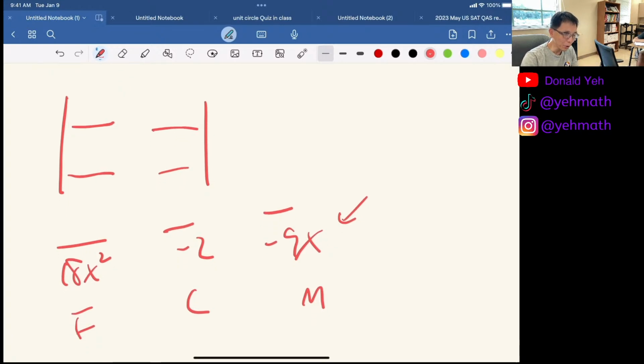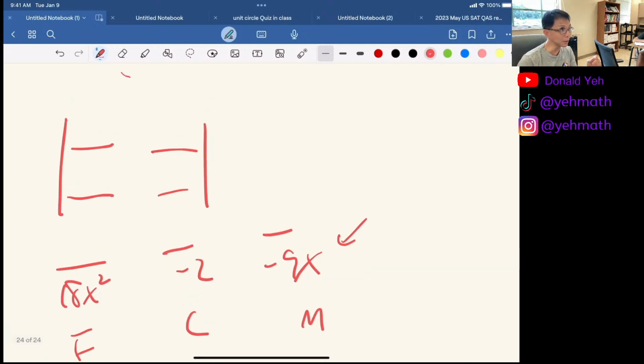Okay. So you want to have 2 things multiplying each other, and there are 2 possibilities. Which 2 things multiplied together are going to give me 18x squared? Okay, but the thing is, you have a choice. You've got 1 and 18, 2 and 9, and 3 and 6.